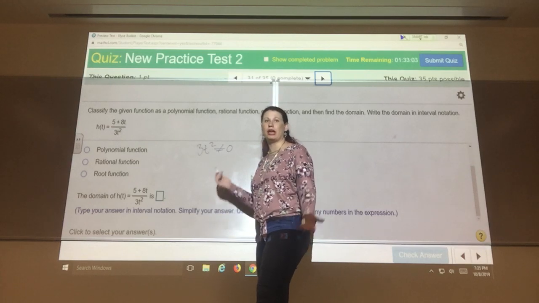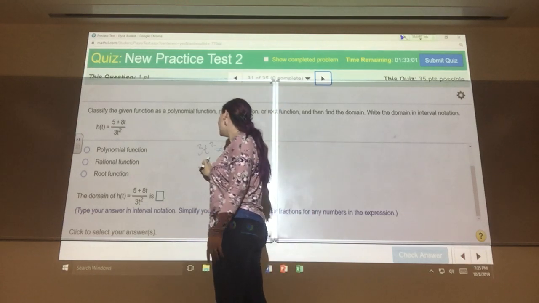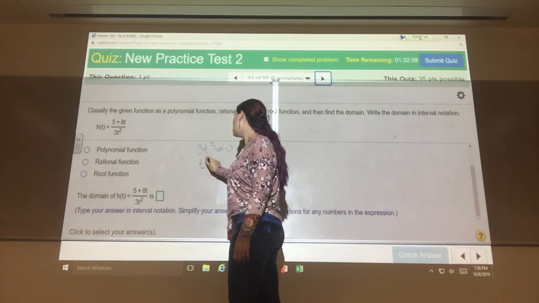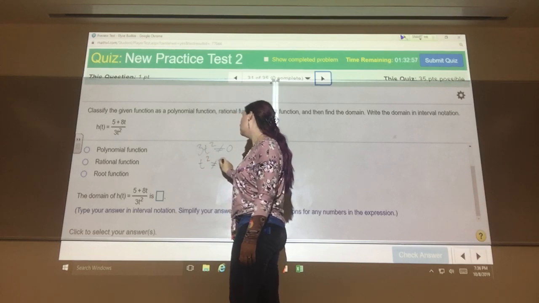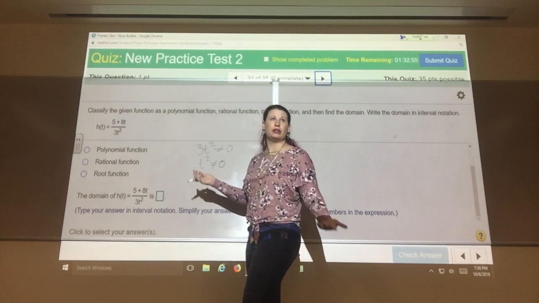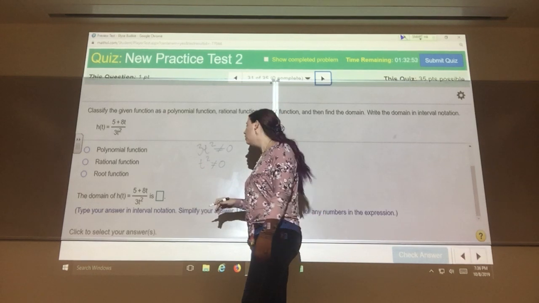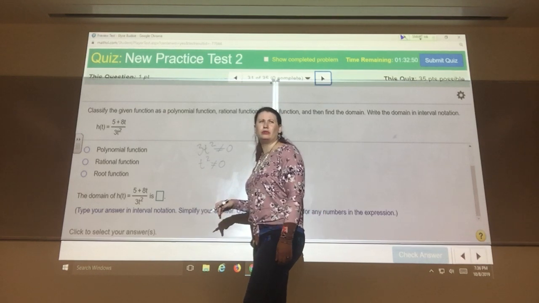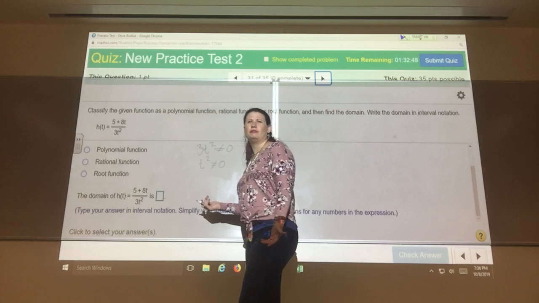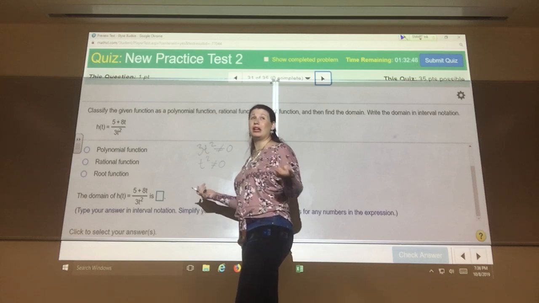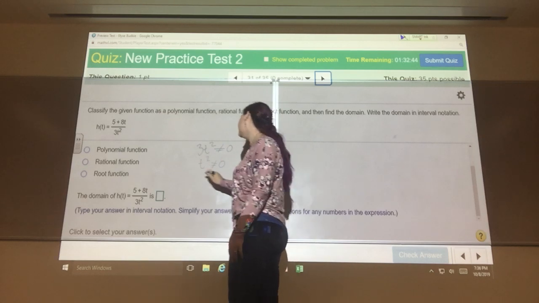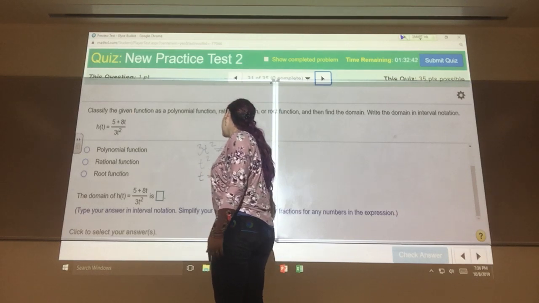Okay, and then solve. So divide by 3. So t squared still can't equal 0, because 0 divided by anything is 0. And then if we take the square root, what's the square root of 0? 0. Not plus or minus, because 0 is 0. So t cannot equal 0.